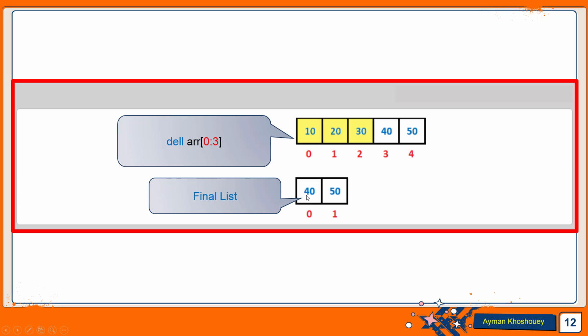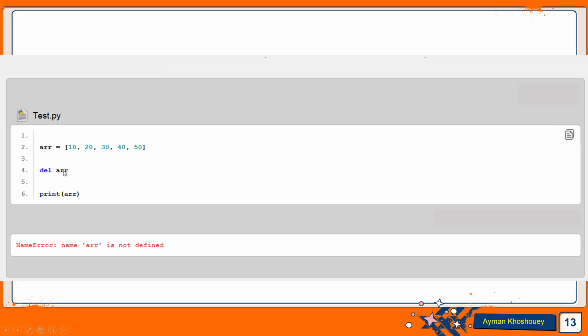The final list is 40, 50, and has index 0, 1. If you use del array without anything, it will remove the whole array. It gives you this name error: name arr, the list array is not defined, because it is deleted completely.